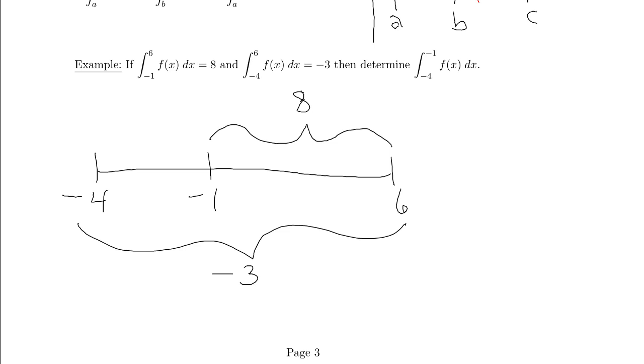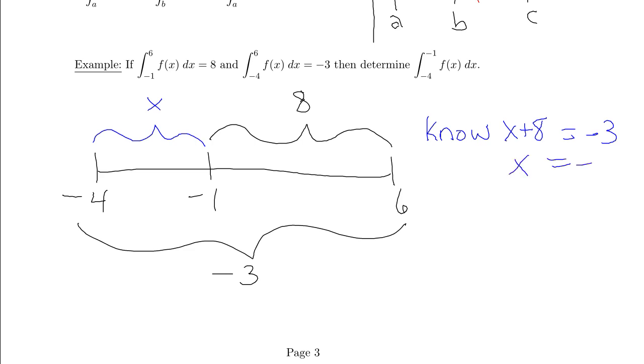So then between -4 and -1, which is the value that I want to try and determine, how do I figure this out? Well, I know that this value here, let's call it x. So I know that x plus 8 needs to equal a total area of -3. And then it's just a matter of solving for x.